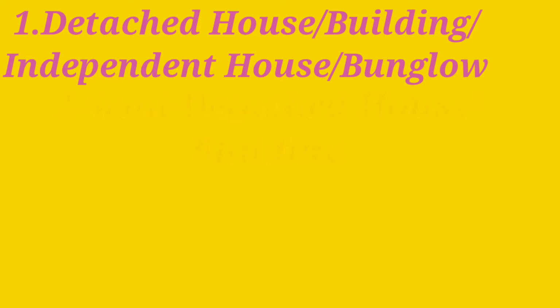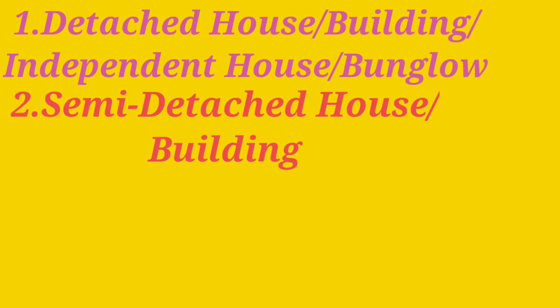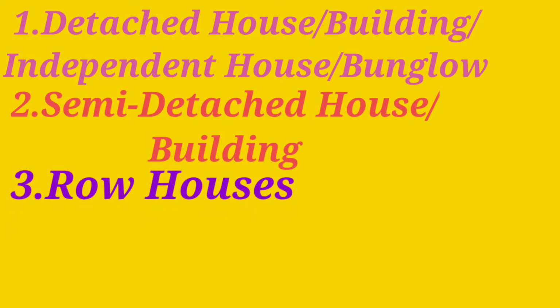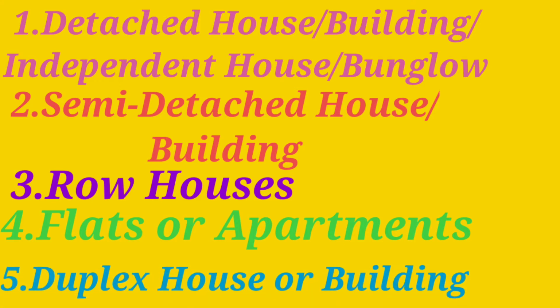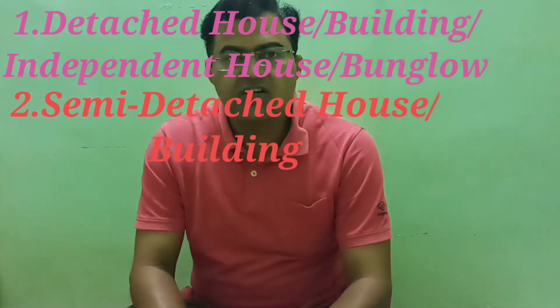Second one is the semi-detached house. Third is the row houses. Fourth one is the flat or apartments. And fifth one is the duplex house. Let us start the detailed types of residential building one by one.